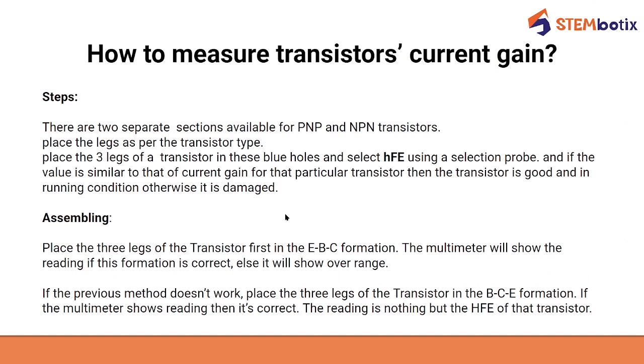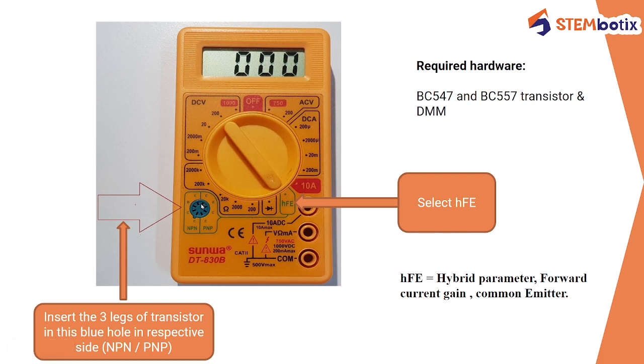This is the main part for transistors. Now place the three legs of the transistor in these blue holes. These blue holes are E, B, C, where E is the emitter of your transistor, B is the base, and C is the collector. These are the indications of emitter, base, and collector.